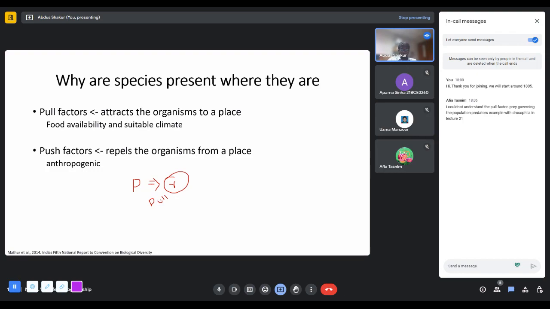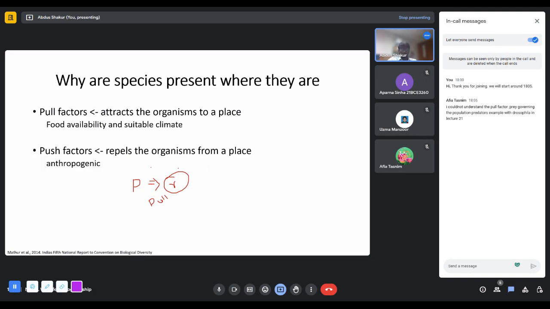But conversely, prey tends to avoid the places where predators are, because it doesn't want to die, it wants to survive. So it generally avoids the place where the predators are present. So presence of predator will be a push factor.